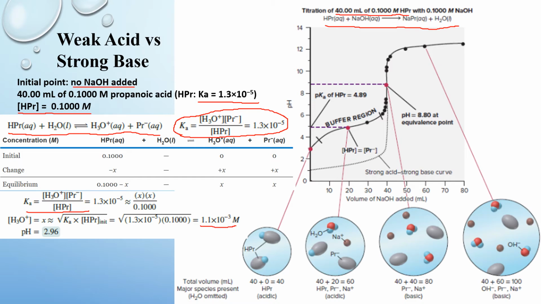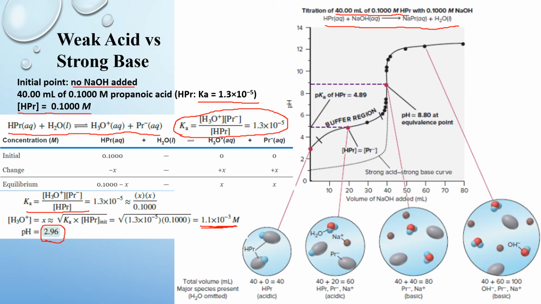And remember, you have to compare this number with 0.1 and indicate that the percentage is less than 5%, which means our assumption is valid. Then convert the proton concentration into pH, which is 2.96.